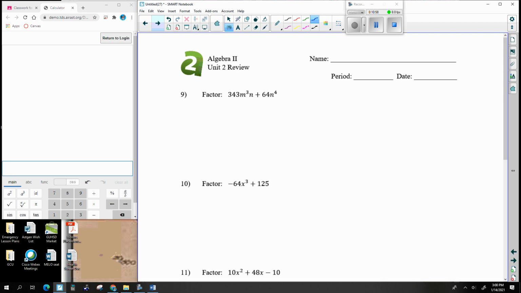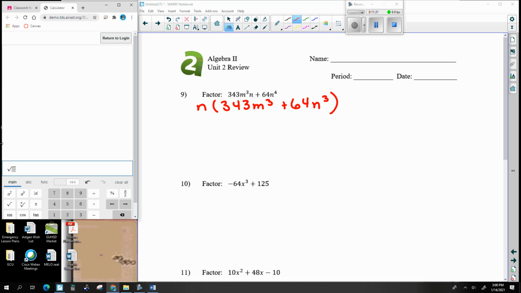All right, these don't have much in common, but what they do have in common is an n. So I can take away one n of this. And so now these are perfect cubes. If you don't know what the cubes are, use your calculator. So 343.